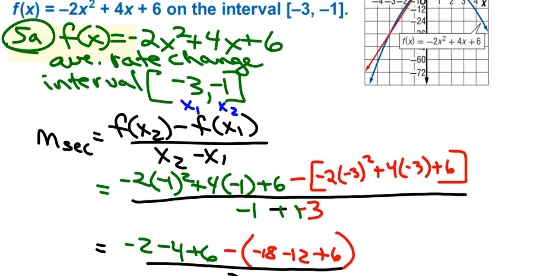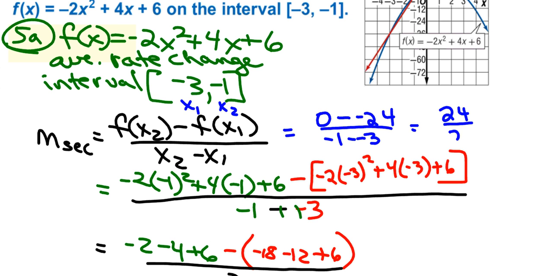And so I could have found each of those, and then when I find my secant, I know that first one was 0, right? I'd have 0 minus, and then that must have been -24, right? And then divided by -1 minus 3. So that would give me 24, oops, minus -3, over 2, which is 12 that way.